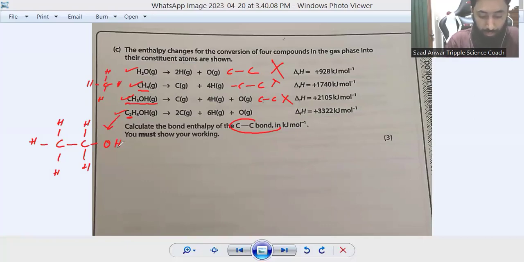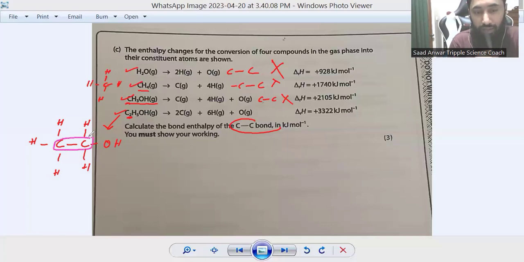It means we have to think to find this, because the carbon-carbon bond is present here. So basically I have to find the bond enthalpy for the carbon-carbon bond.